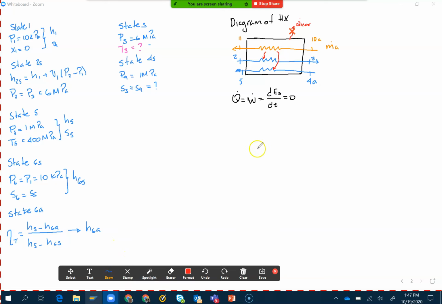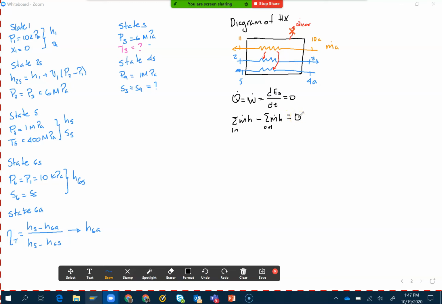So the first law analysis for this system will yield the summation of mass coming in times its enthalpy minus the summation of mass coming out times its enthalpy, and this will be equal to 0.